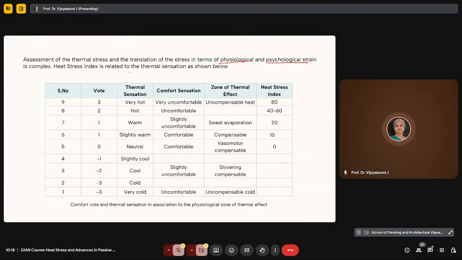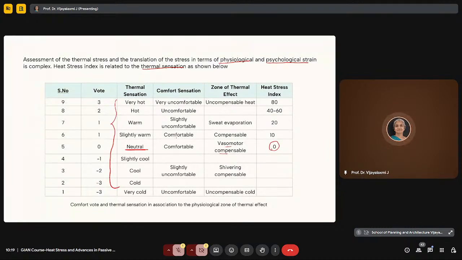Heat stress index is related to thermal sensation, how you feel, and it is related on a 9-point scale, where neutral means the heat stress index is considered as 0, and here vasomotor reflexes are compensable.